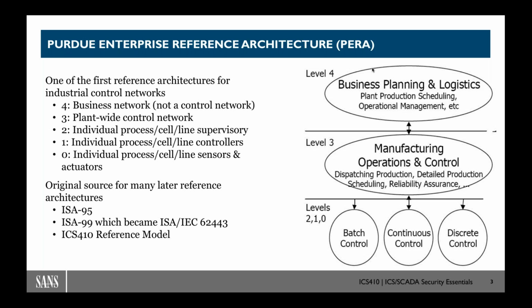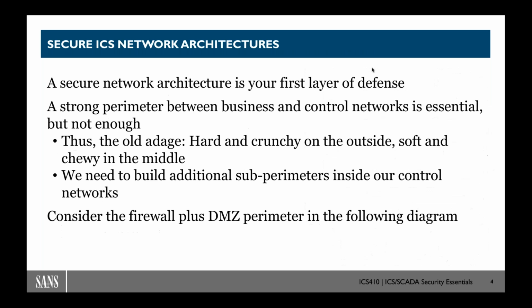What we've tried to do in ICS 410 is create our own reference model using the guidance from 62443, but also from other references and other security guidance documents from around the world, different government documentation and other standards bodies, and try to adapt all that into a single reference model we can use for class. So we have kind of a single set of guidance, right, that everybody can go ahead and use. And that's what we're going to go ahead and look at.